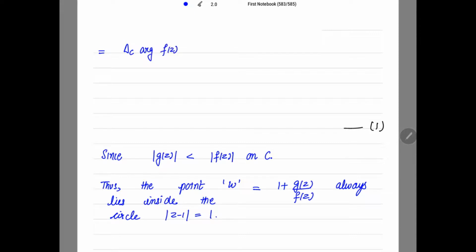Now the product will be changing to first delta C argument of f(z), then plus delta C argument of 1 plus g(z) over f(z), then the remaining minus delta C argument of f(z). We have used the lemma.